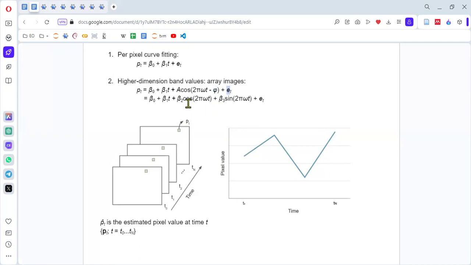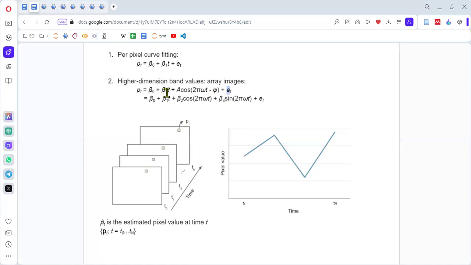So to read this, we simply read it as P sub t equals beta 0 plus beta sub 1 t plus A cosine of 2 pi omega t minus phi plus E sub t. So this P sub t represents the value of the dependent variable at time t, and this beta 0 is the intercept term.